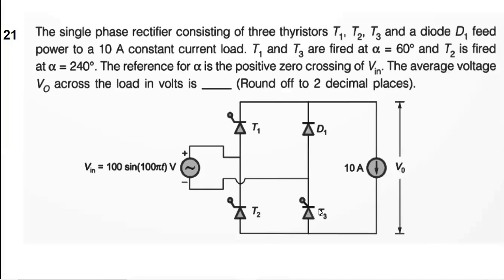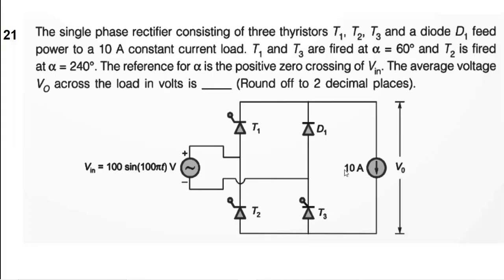At pi, the diode D1 and T2 are forward biased. As soon as diode D1 is forward biased during the negative half cycle, it will start to conduct along with T3. Since the current is still 10 ampere, T3 cannot be turned off, because of that we will have the freewheeling action taking place by the diode D1 along with T3.